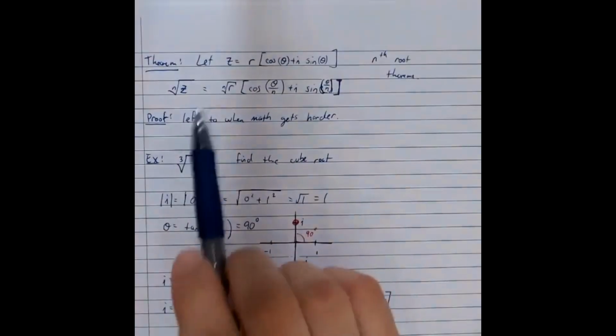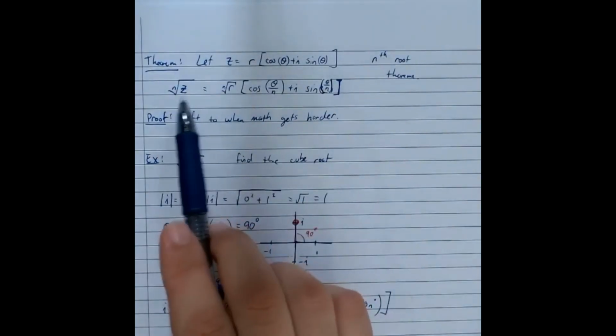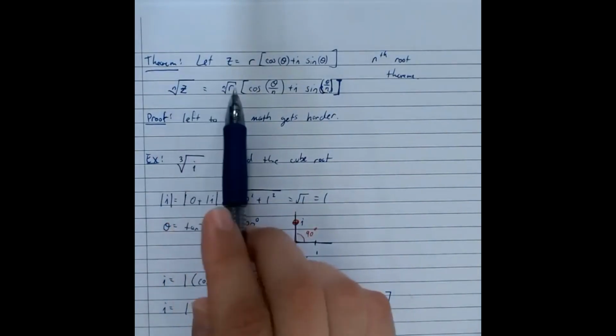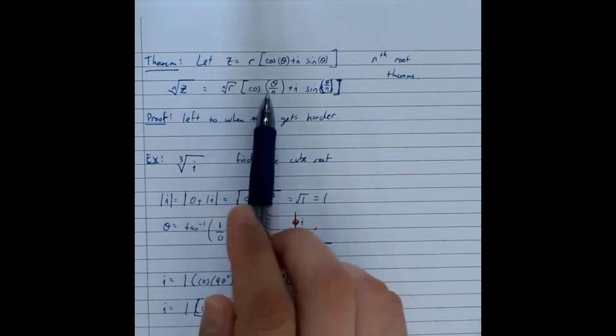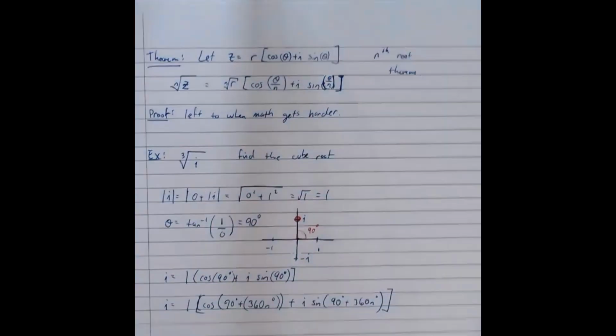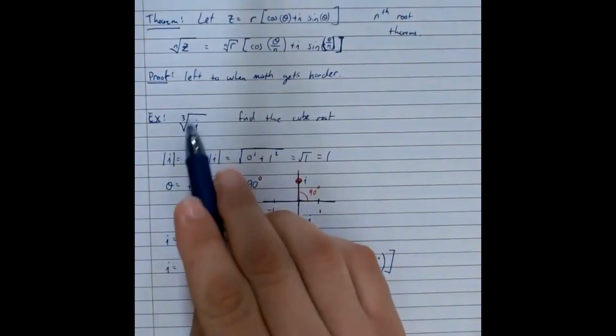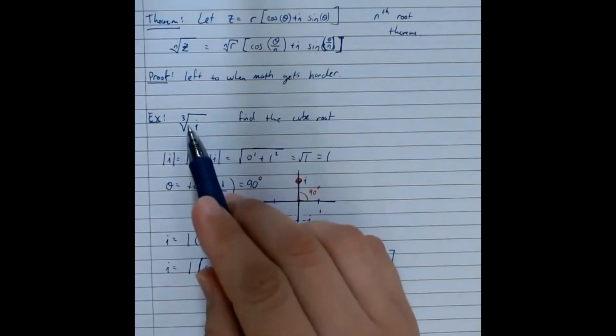Well, now by my nth root theorem, if I want to take the nth root of z, I'm going to take the nth root of r and divide these arguments by n. Well, that's what I'm trying to do. I'm trying to take the nth root of z.